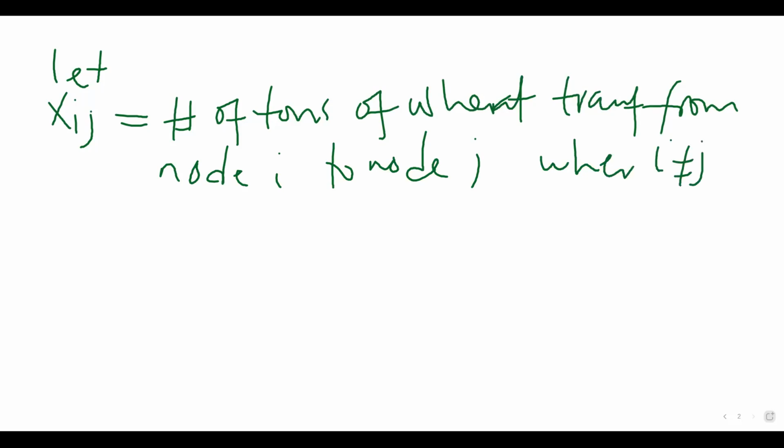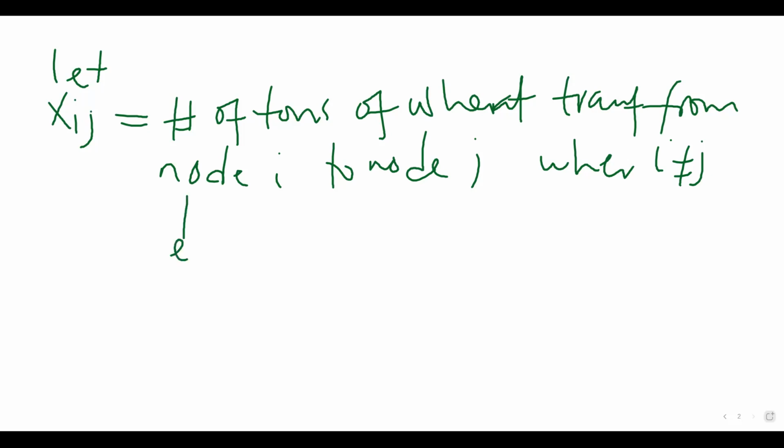Now, this is just a mathematical way of representing this. But you can decide to be more specific: let Xij be the number of tons of wheat from the elevator to the mill. That is another way, so that you don't bring in the node.